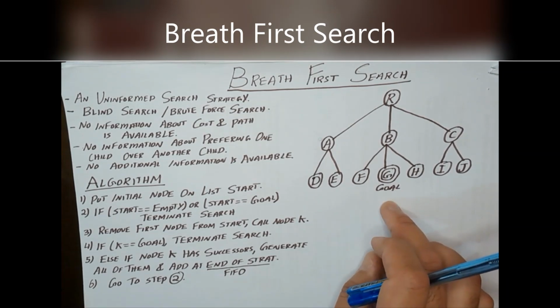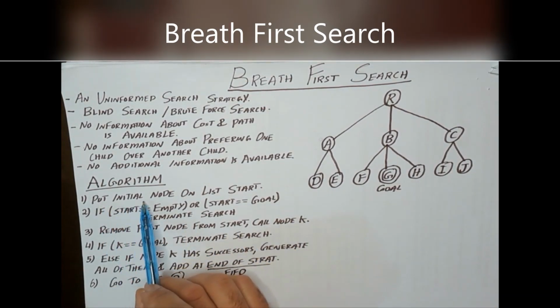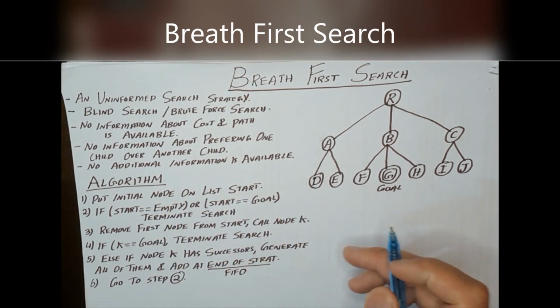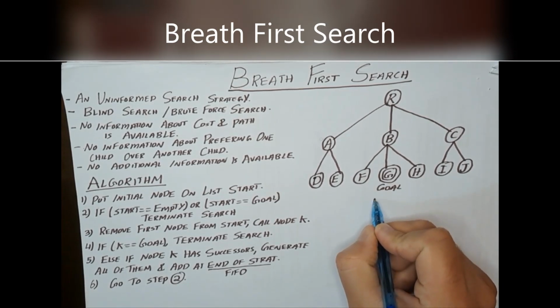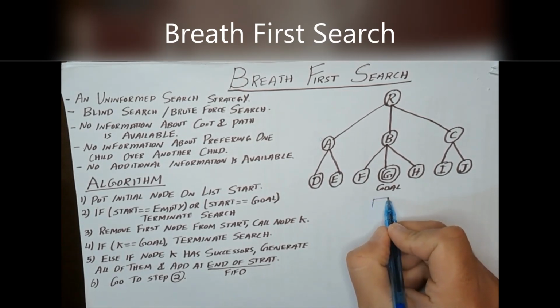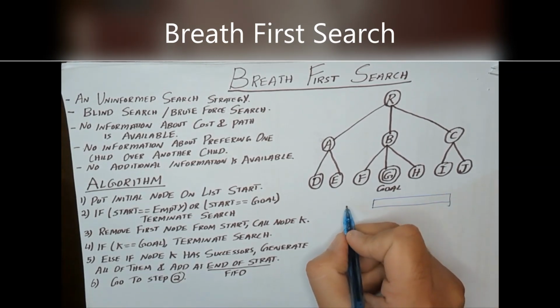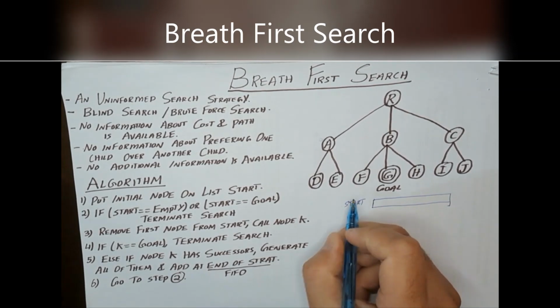Okay, let's move on. First of all, here it is written that firstly we put the initial node on a list called start. So we create a list and name it start.